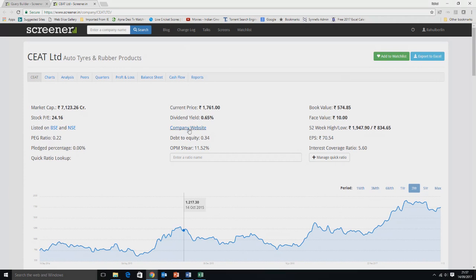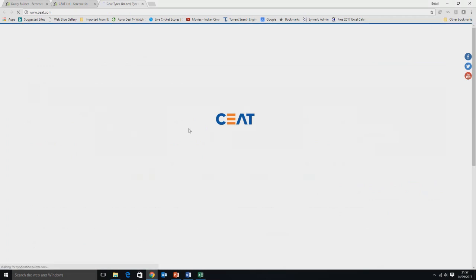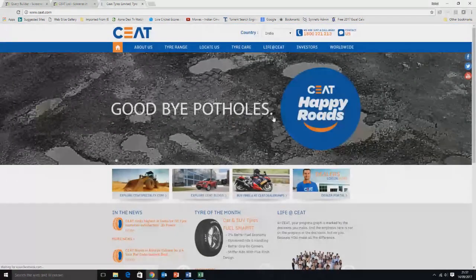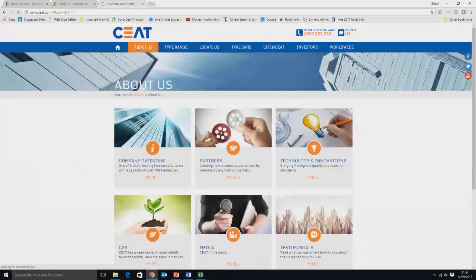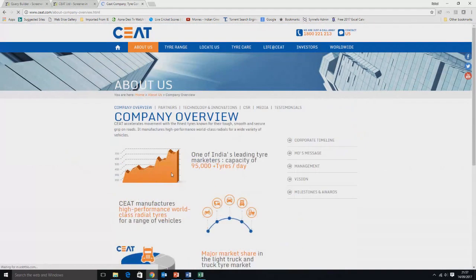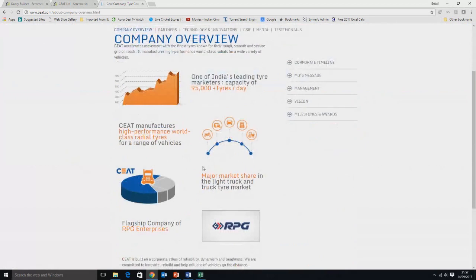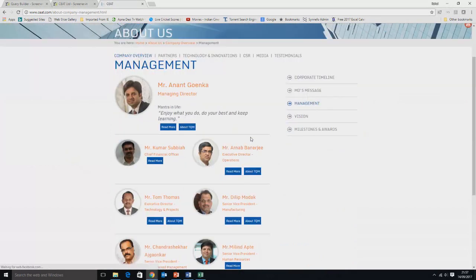And then I could simply go on to the company website and see what they do. For this, we all know, but still we need to look at the management, what the management is doing. So Mr. Ranan Goenka is the director.